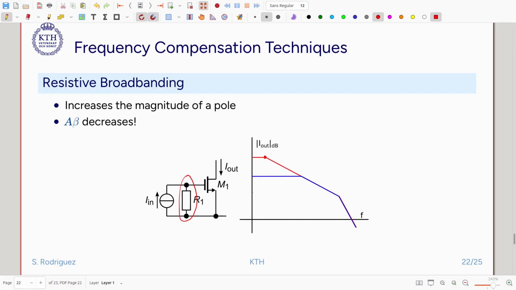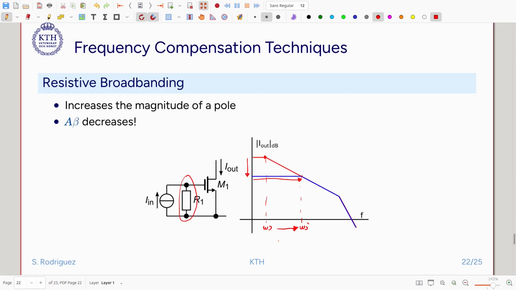After I add the resistance, I reduce the gain at that node, but I will increase the bandwidth. So I am exchanging gain for bandwidth, and then I am moving the pole from one frequency to a higher frequency.